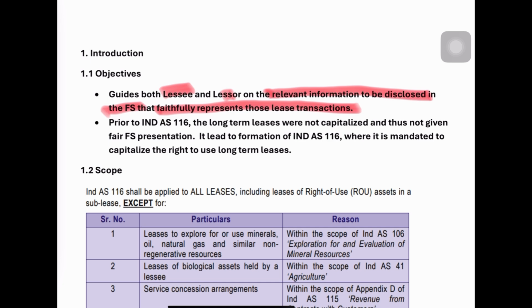So that's not very well captured prior to Ind AS 116. But with the introduction of Ind AS 116, those issues are specifically addressed, and here the lessees are mandated to capitalize the long-term leases. That will give the right presentation of the financial statement.